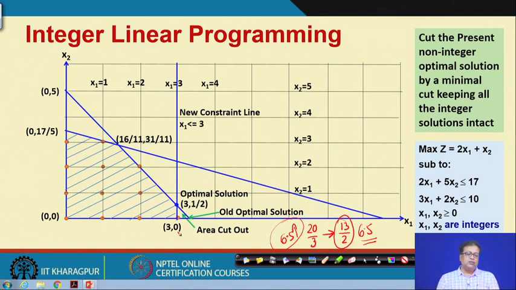But we should not lose heart, again we employ the similar procedure. So, what should we do? How do I find another line that cuts off the current optimal solution and at the same time retains all the integer solutions? How do I draw the next line?